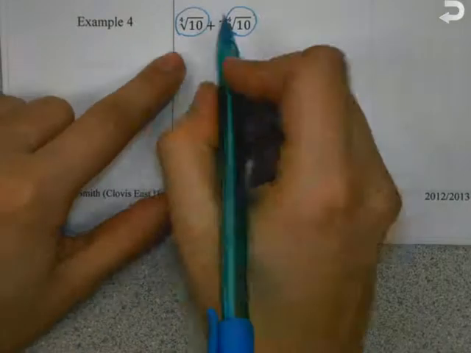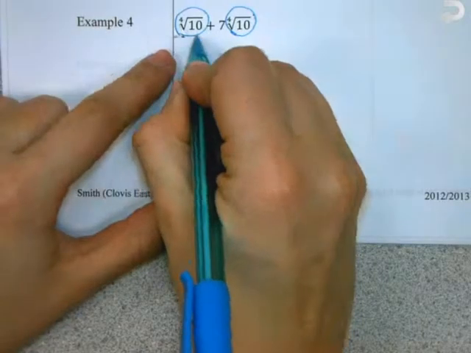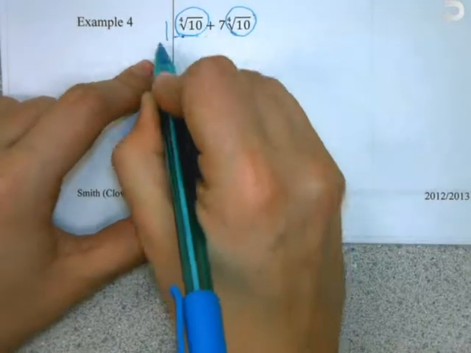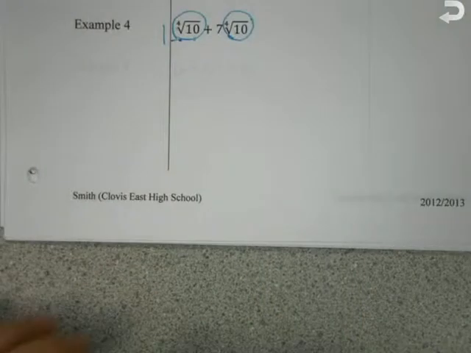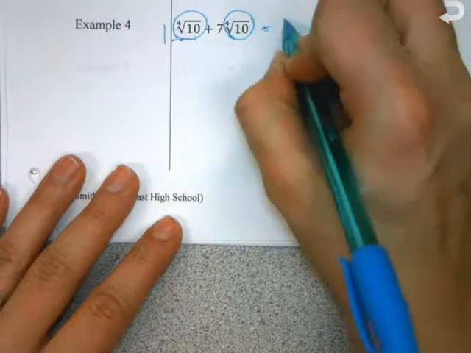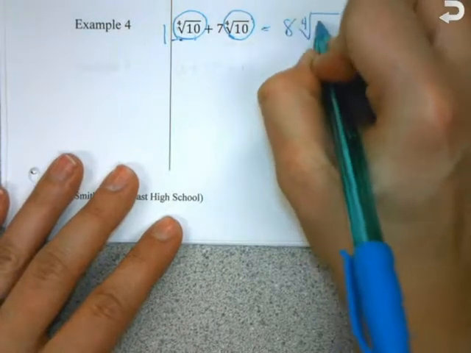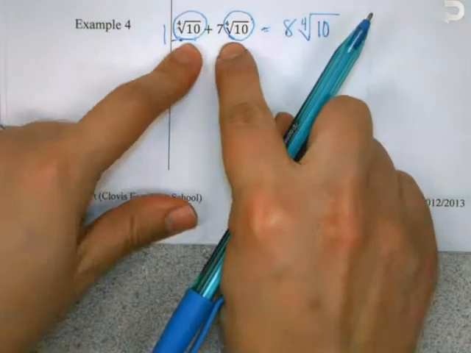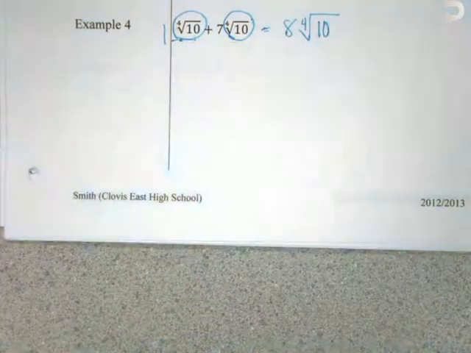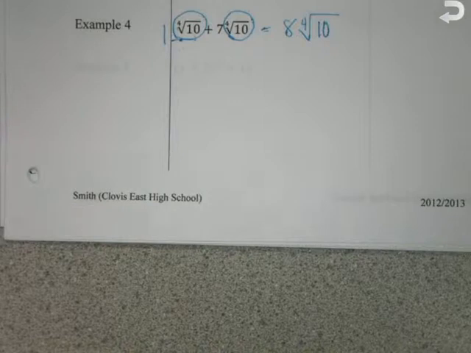So if I have 1 4th root of 10 plus 7 4th root of 10, what would my answer come out to? 8 4th root 10. Now because we're adding, nothing with the 4th root of 10 changes. It's like your x. When I add 3x and 2x, it just gives me 5x. I don't multiply the x's or anything. Same thing here. So the root does not change.